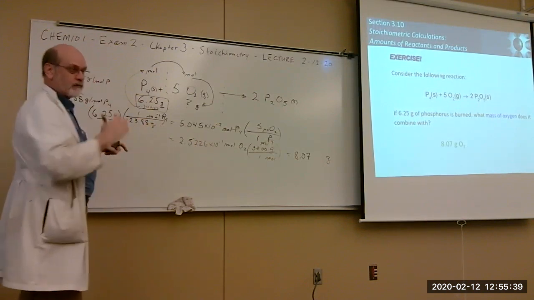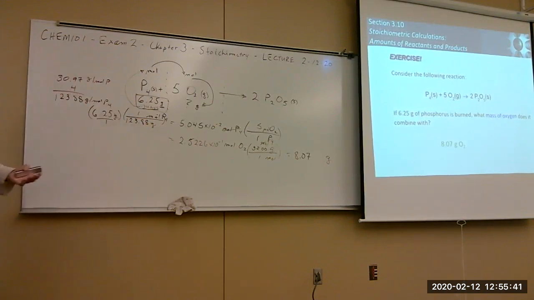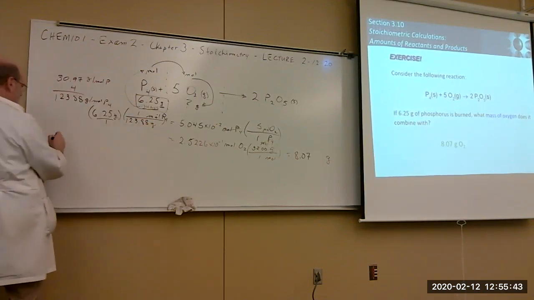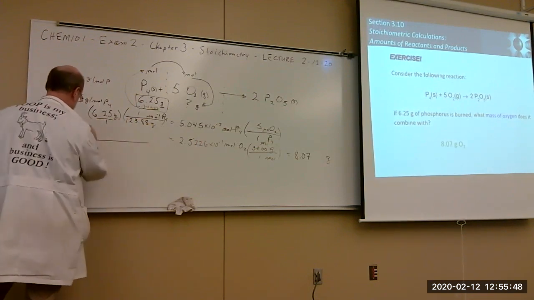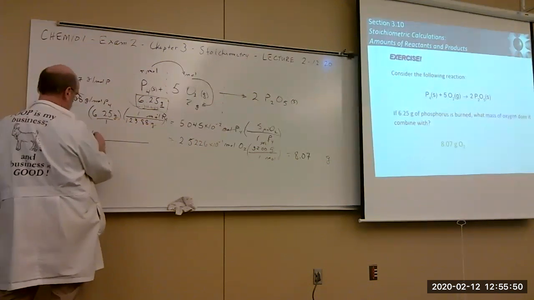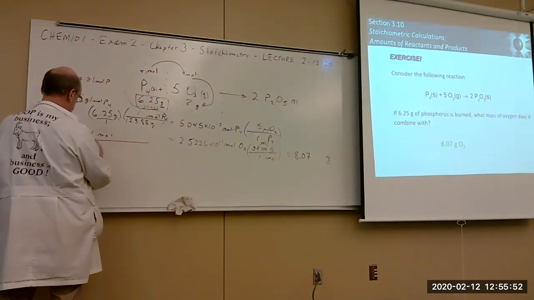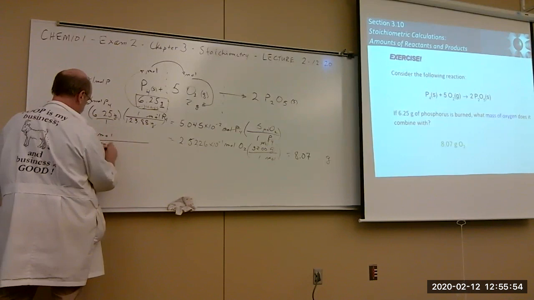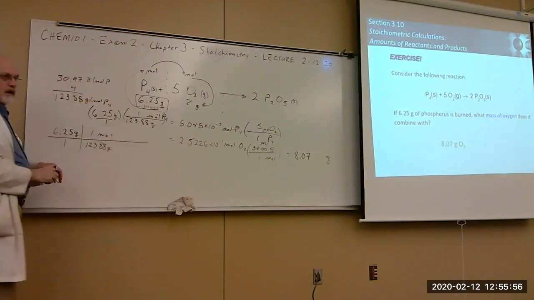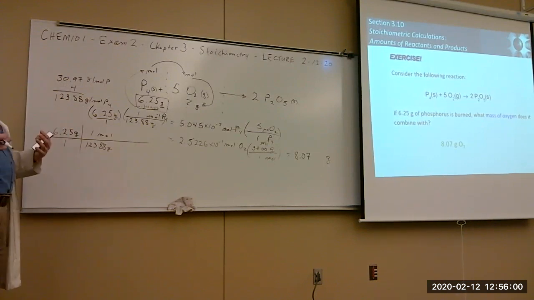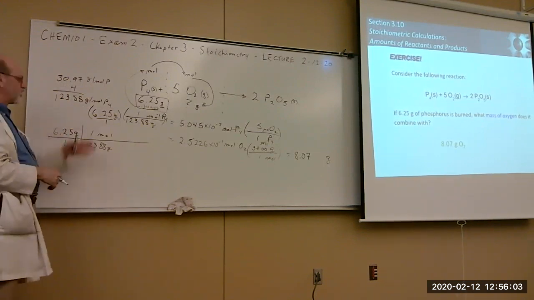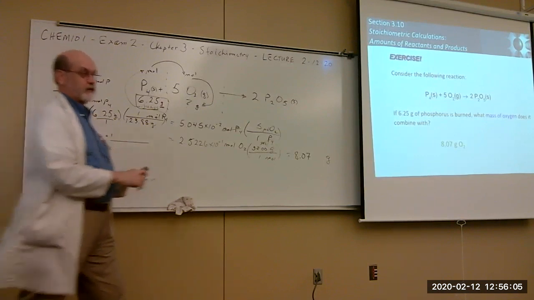Some of my students like the picket fence version, where you say 6.25 grams, and then you do 1 mole here and 123 grams here. And that's fine. If that fits in your brain better, do it that way. I use parentheses. You can use a picket fence if you want.